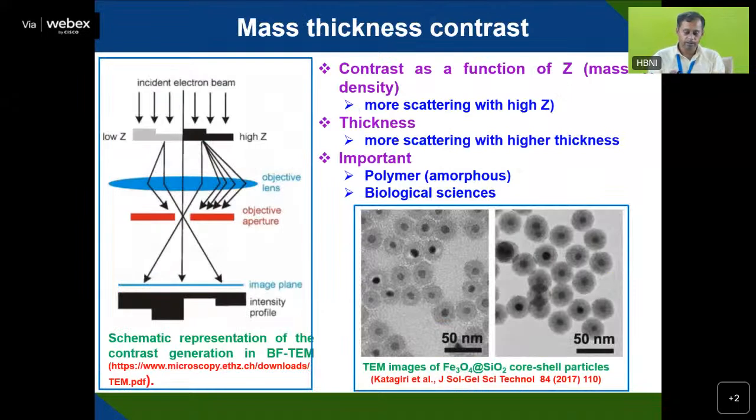So these are the two types of image I discussed, and you can use either one, bright field or dark field, depending upon your interest of analysis. As I told, one is mass thickness contrast.